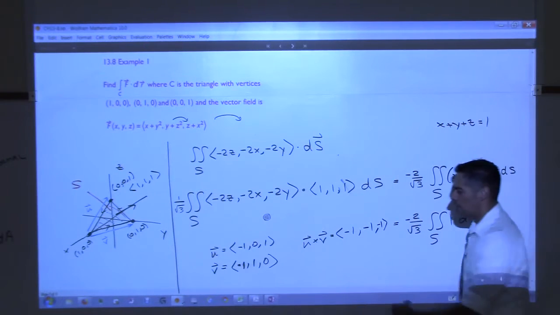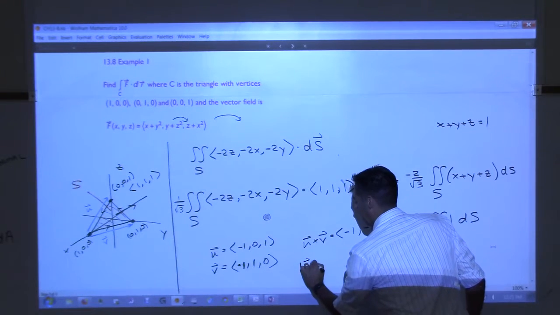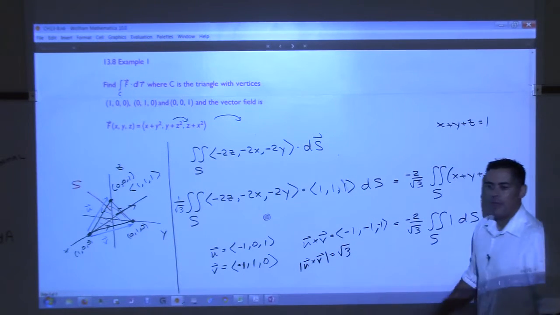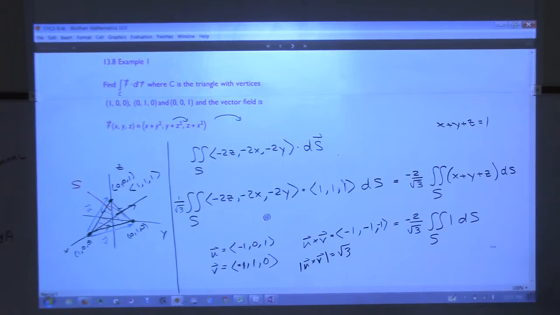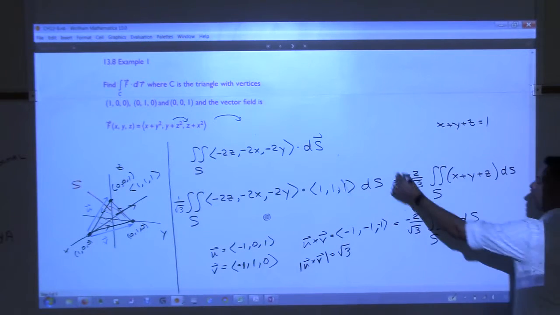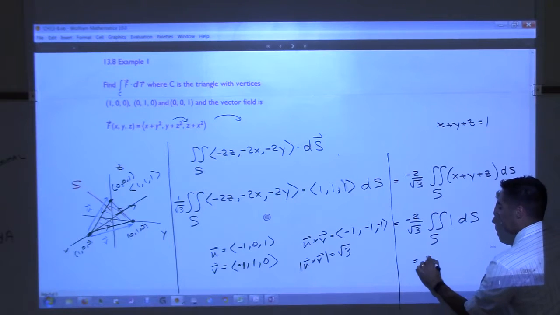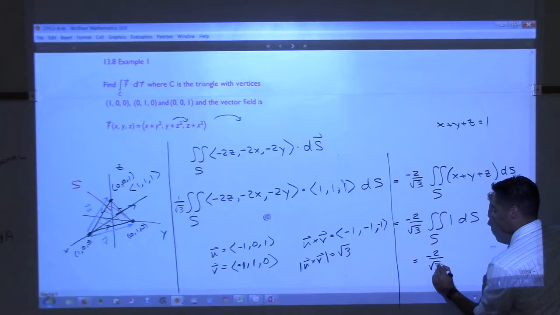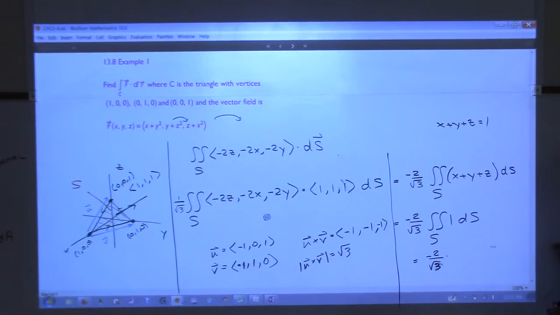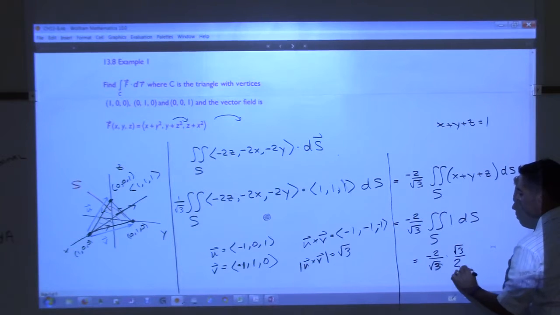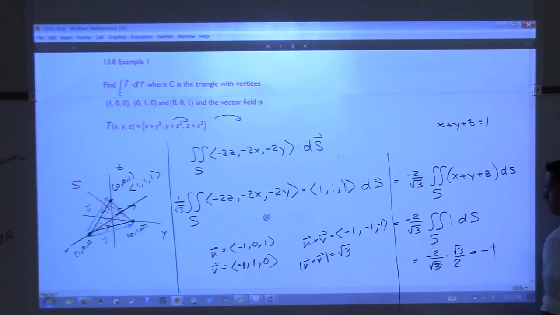What's the magnitude of that cross product? It equals root 3. And then we want half of that, right? Because that's the area of the whole parallelogram. Okay, so divide by 2. So this right here becomes negative 2 over root 3 times the area of S, which was root 3 over 2. So you get negative 1.